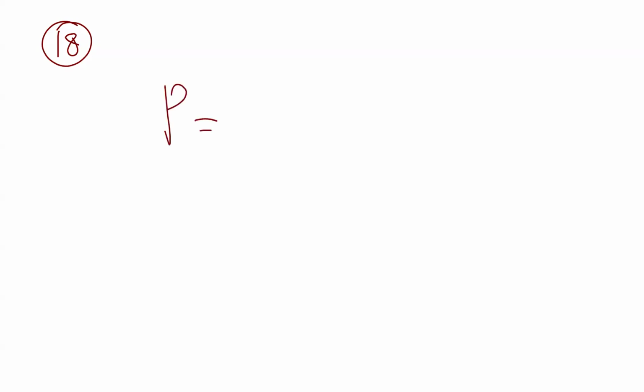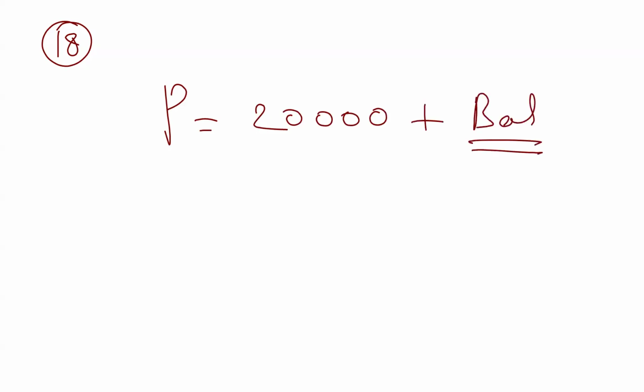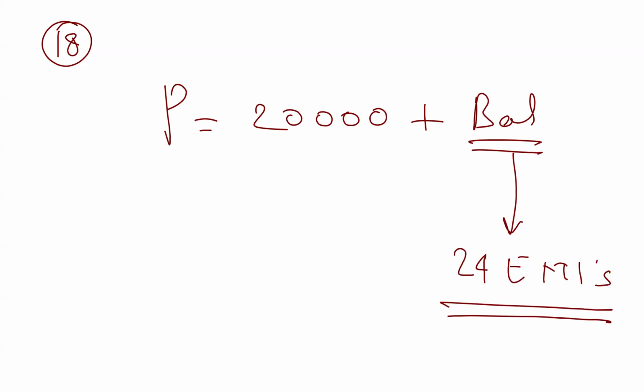So the present value may say 20,000 is already paid, and the balance amount is paid in the form of 24 EMIs. Every month he is going to pay an EMI, and that is going to happen for 2 years. So the present value is 20,000 plus the balance amount. Basically this balance is also the present value of the 24 EMIs, and this is the cash price of the television.